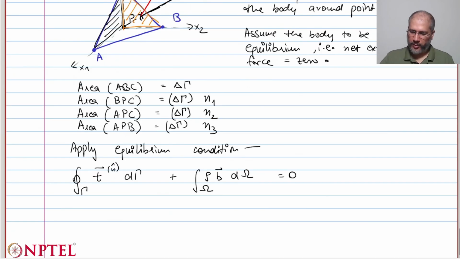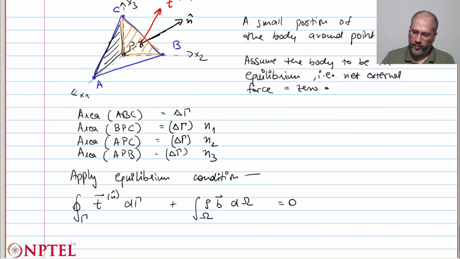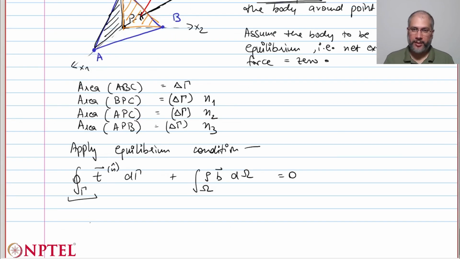Now this tetrahedron was a small portion of the body. We wrote that. So instead of writing the integral, we'll assume that the traction vector on any given surface does not change too much because it's a small body to start with. So we'll write this closed integral over gamma as the sum of four integrals over the four surfaces of the tetrahedron.